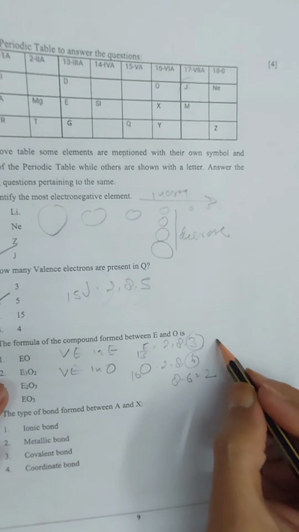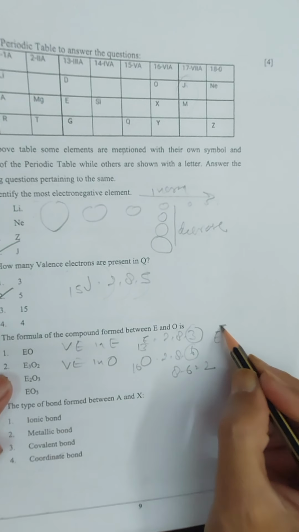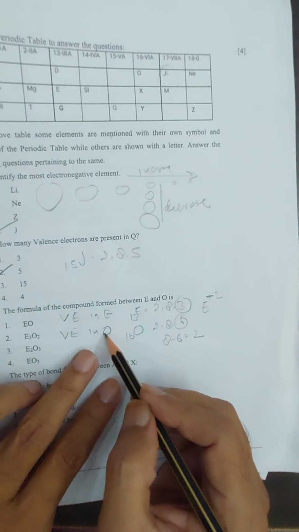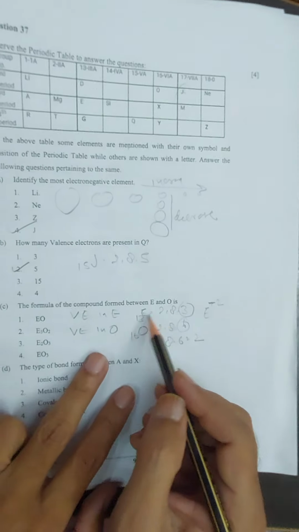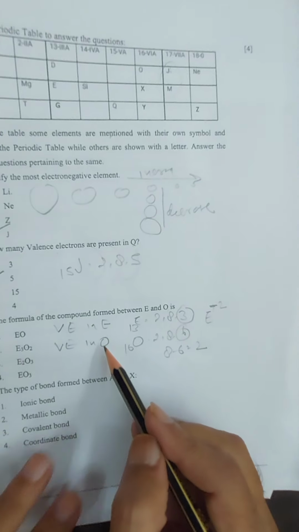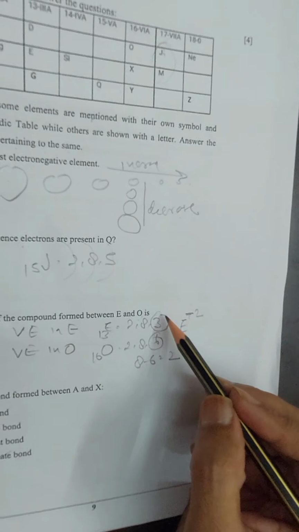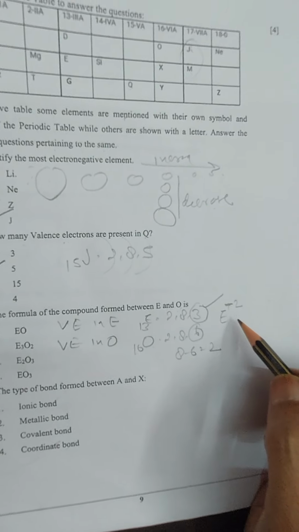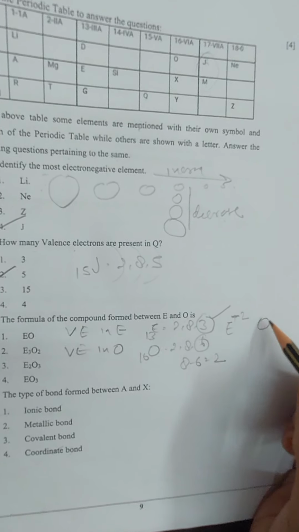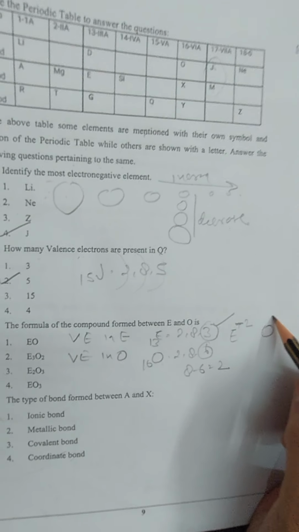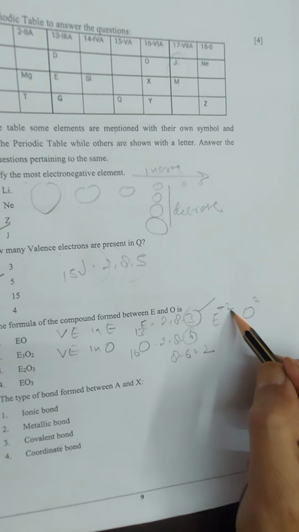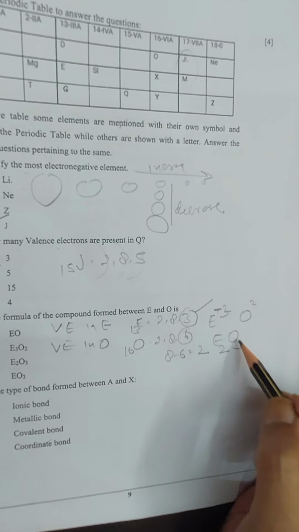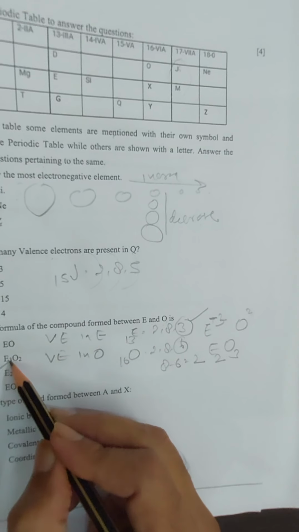So E has valency 3, and O has valency 2. In the criss-cross method, with O valency 2 and E valency 3, we get E2O3. So the third option is correct.